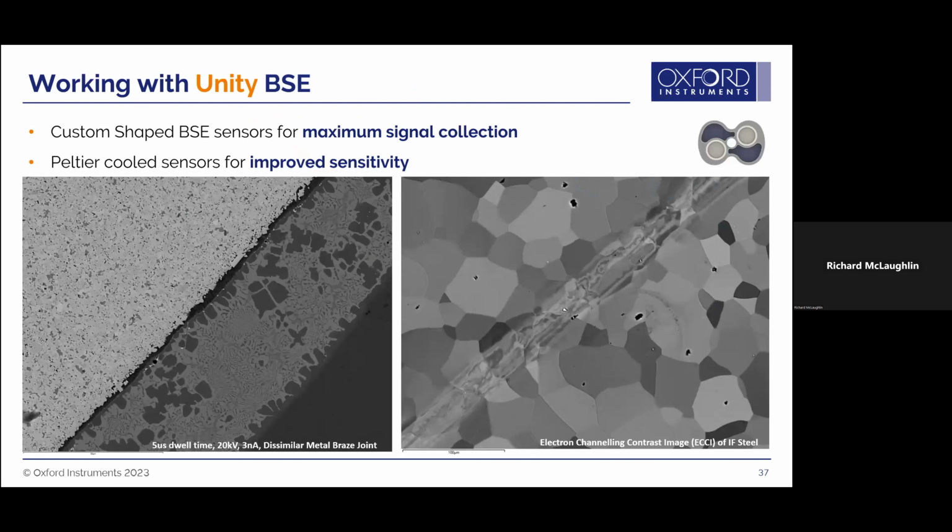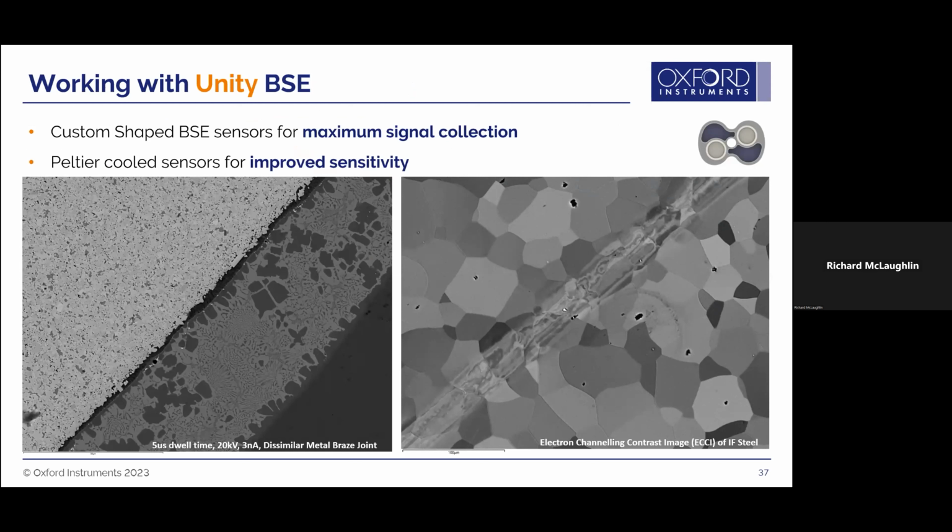Now, just to point out the quality of the backscatter, which could be important, because in a way you could replace your backscatter detector with this, and you want to make sure that your backscatter is very sensitive.